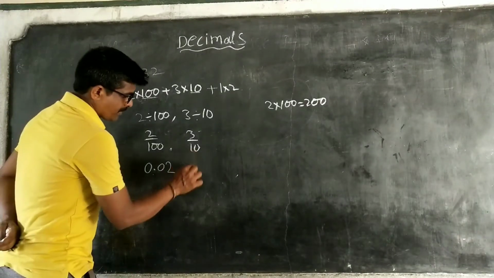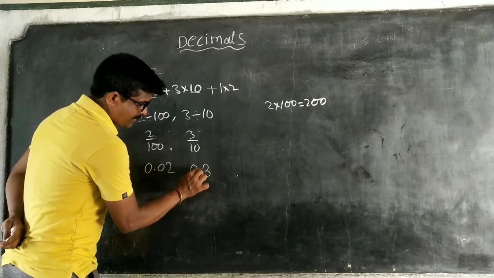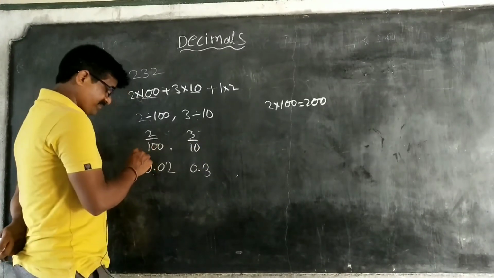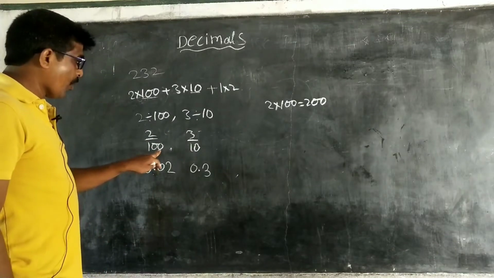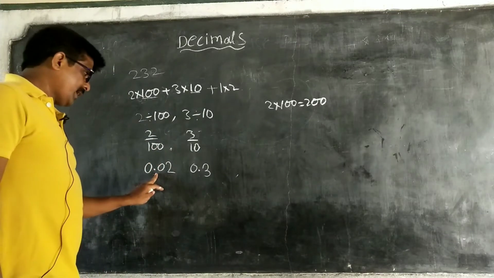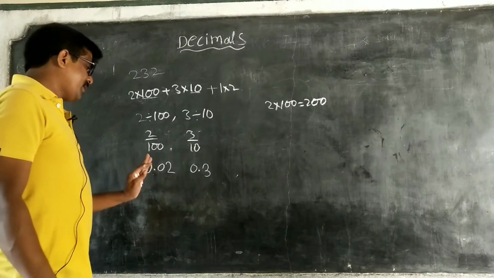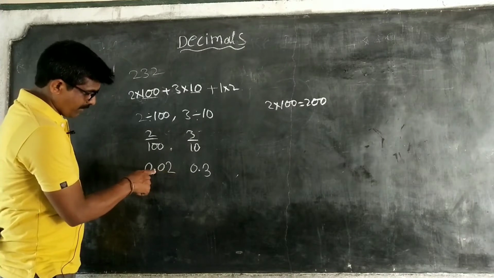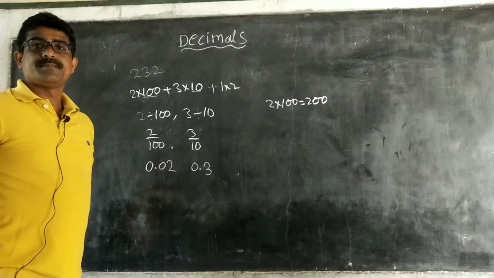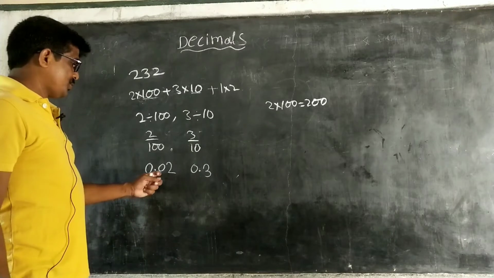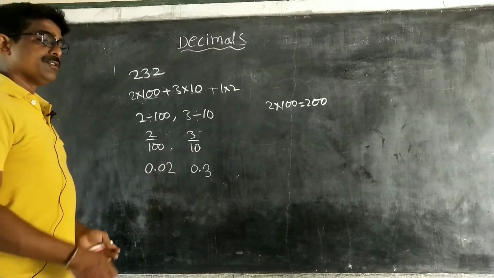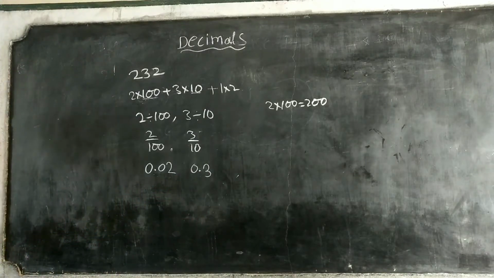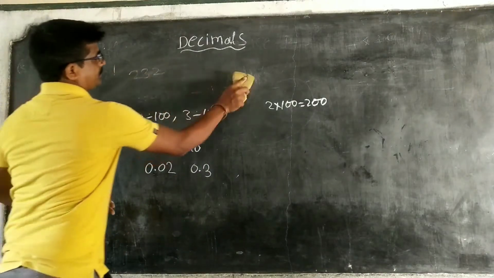Here also I am taking 0.3 after the point. In the denominator, however many zeros we have, that many digits we take after the decimal point. Here we have 2 zeros, so I write 0.2 after I keep the decimal, then 0.203.